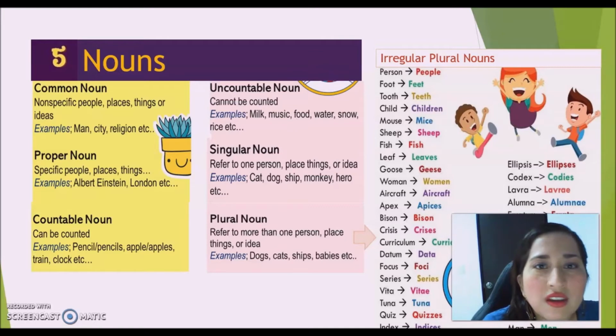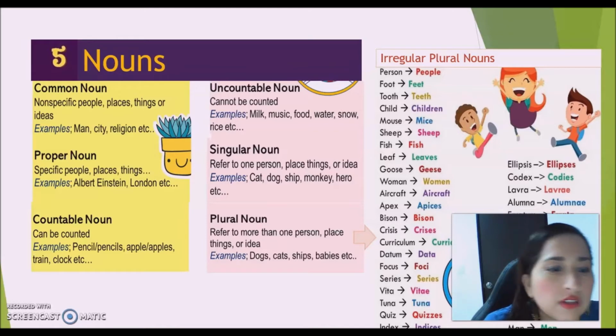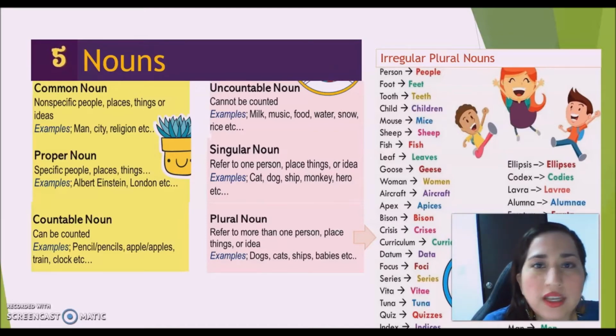A singular noun refers to one person, place, or idea. One cat, dog, monkey, student, and plural refers to more than one person, students, cats, dogs, that is plural.